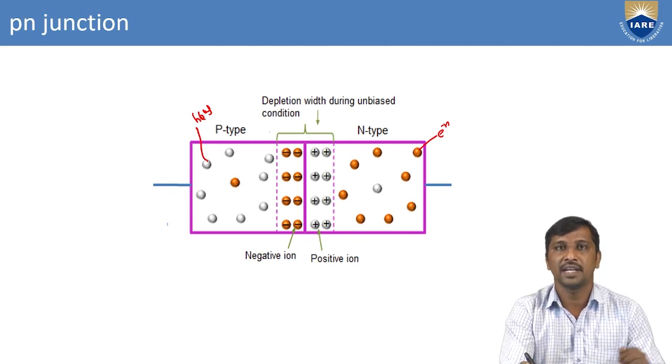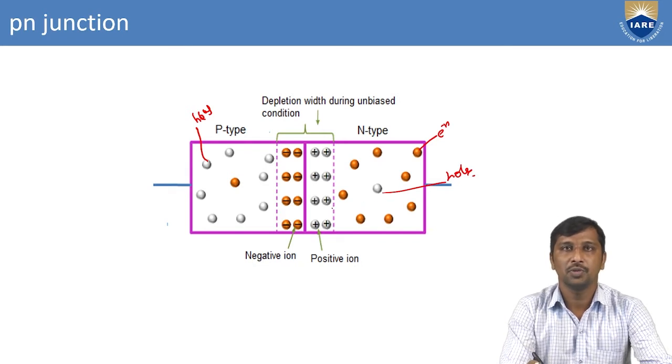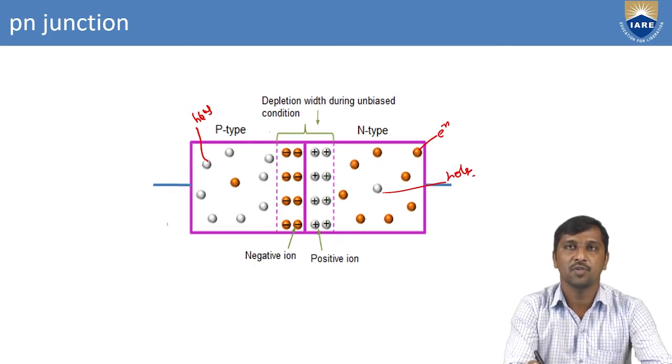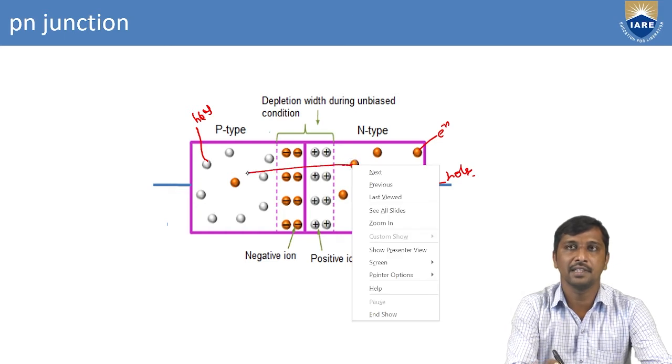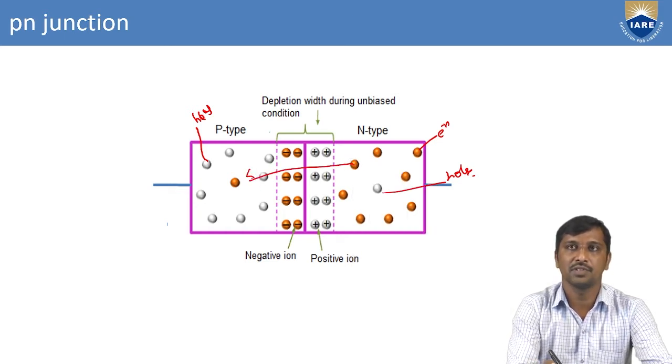Similarly, in your N-type semiconductor, the majority charge carriers are electrons and the minority charge carriers are holes. Due to kinetic energy, electrons diffuse from the N region to the P region, and similarly holes diffuse from the P type to the N type.